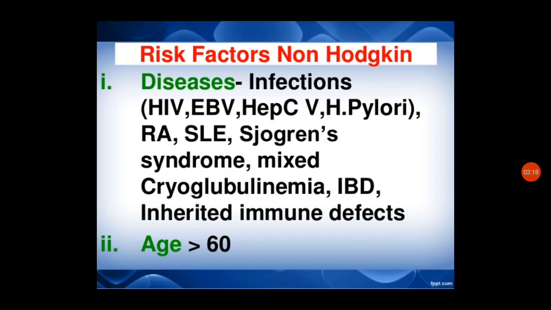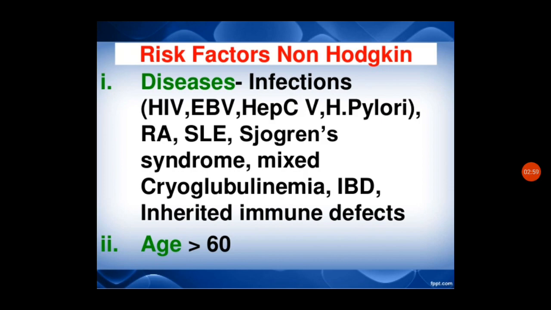Next, we can look at some of the risk factors. One thing you have to remember is that incidence is higher in people more than 60 years old. So we cannot say that it is very common among children, or that it is not common among children. Some infections and diseases carry more risk of non-Hodgkin's disease, infections like HIV, Epstein-Barr virus, hepatitis C virus, and H. pylori.